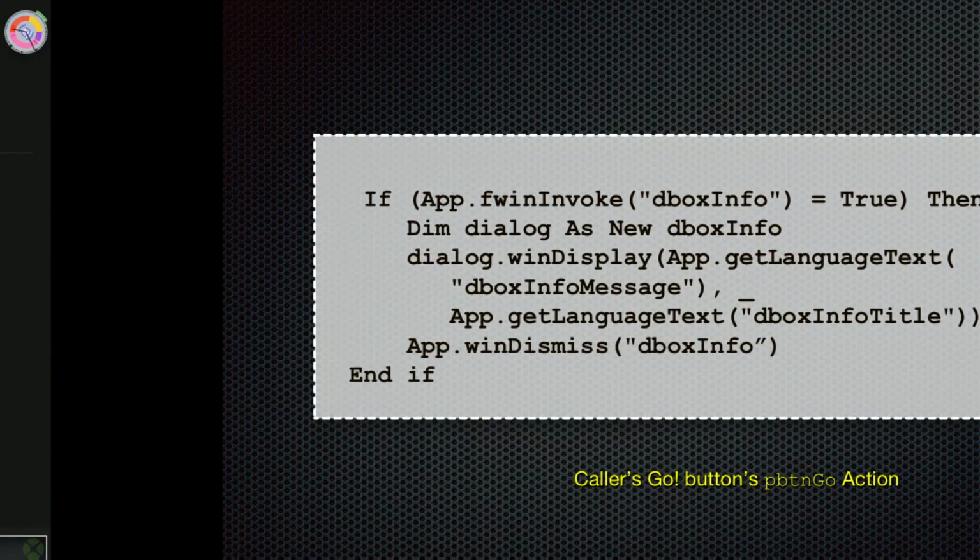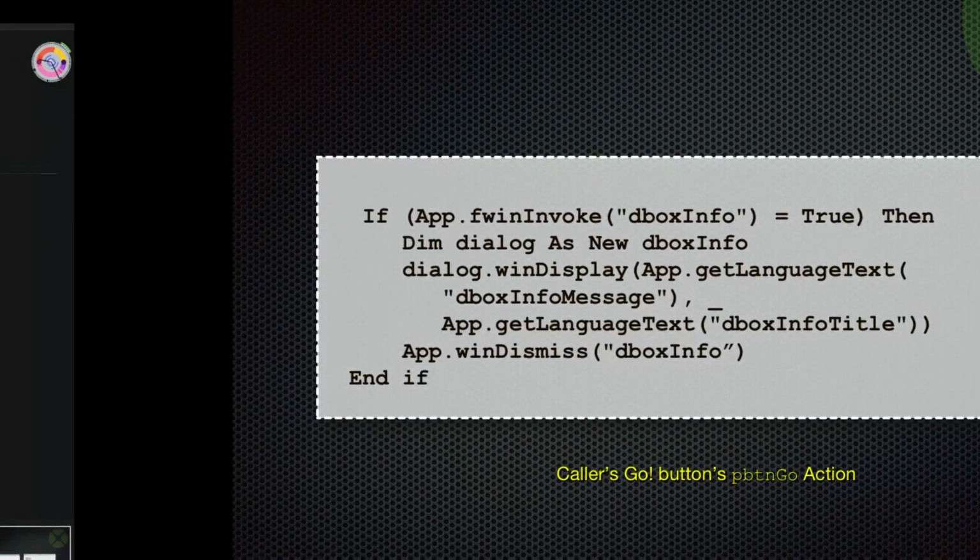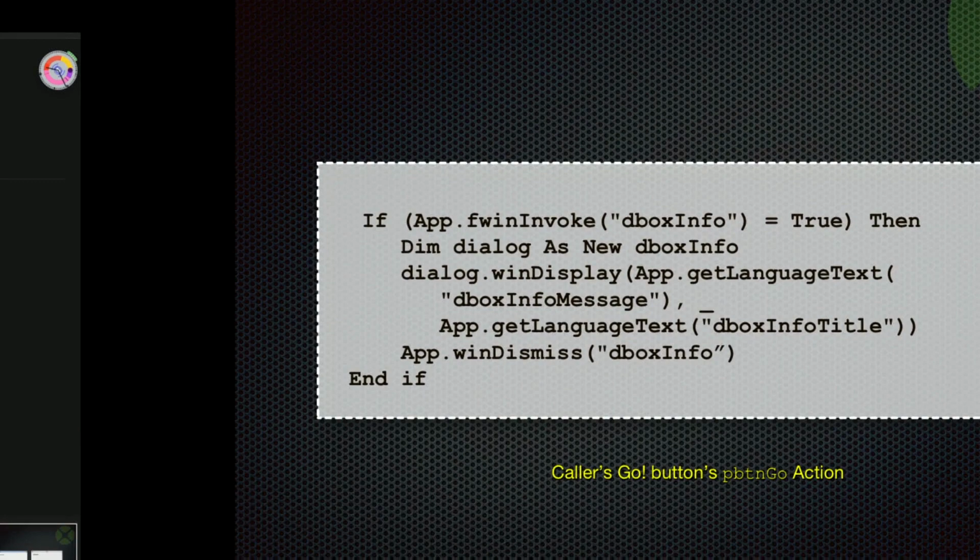With regard to the action, this was what you would use. This is what it has changed to, and I think it's a little bit hard to read now. You would call fwin invoke with that descriptor for that specific dialog box. It would come back and say, if it's true, then great, it's not being used, I can call it.